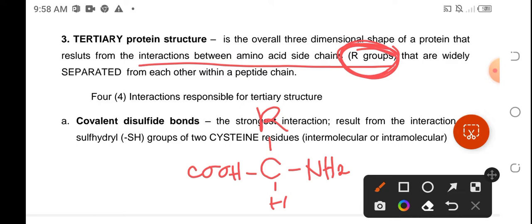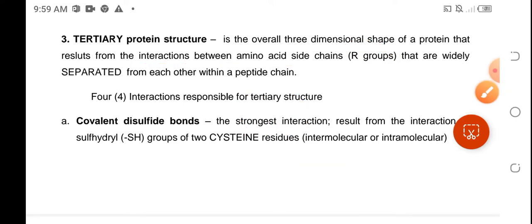Okay? So, sa tertiary structure, yung interaction naman ngayon ng mga R group sa isa't isa ang dahilan kung bakit may folding and coiling within the protein structure, and that will fall under the tertiary protein structure.